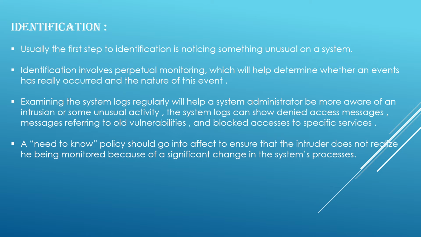The system log can show failed access messages. A need-to-know policy should go into effect to ensure that an intruder does not realize he is being monitored because of significant changes in the system.